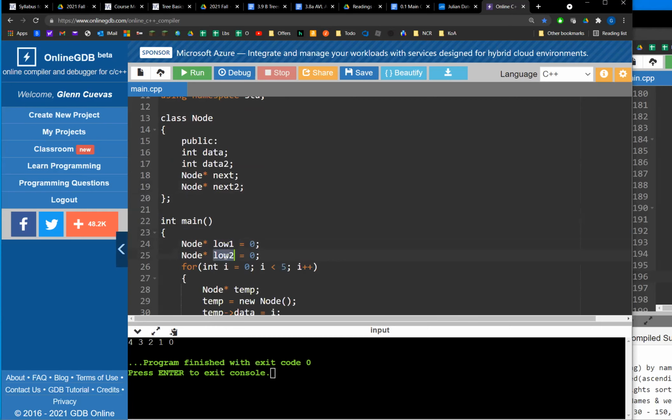And we have 2 beginnings of the lists, our low names, our low weights. And then we have our next name and our next weight to account for there being 2 data points. So you're just replicating the pattern that you would already have for a sorted singly linked list.